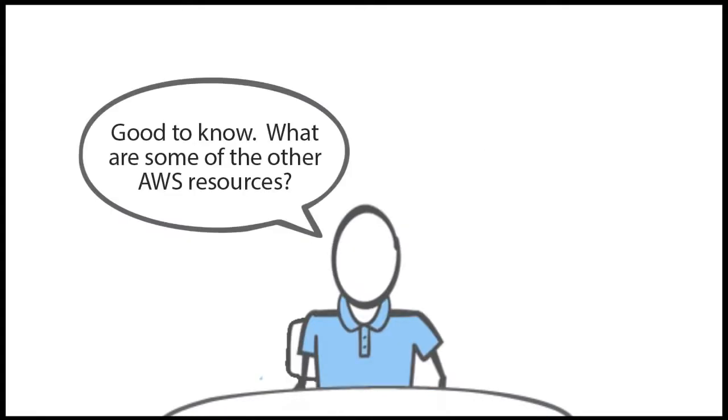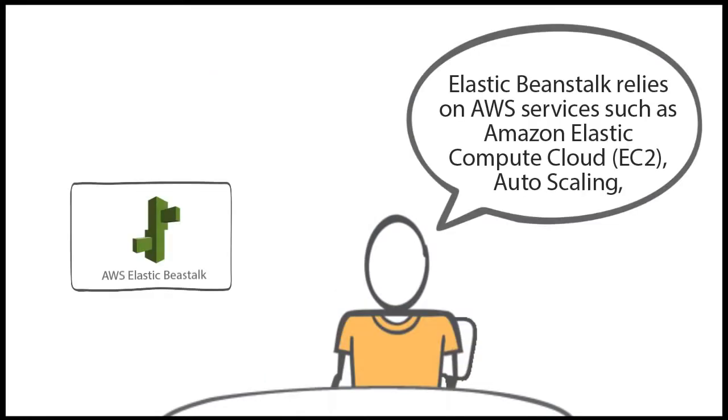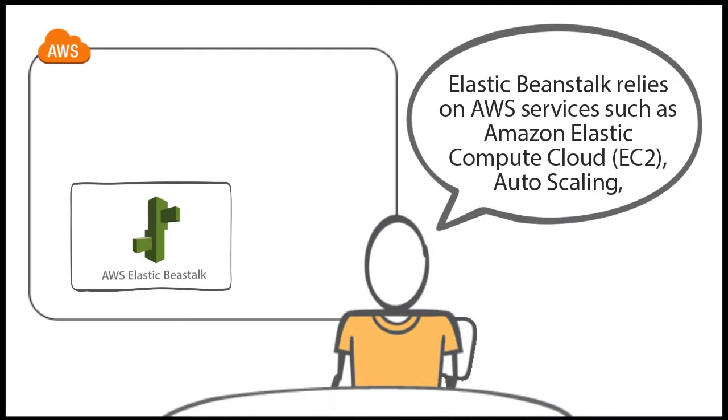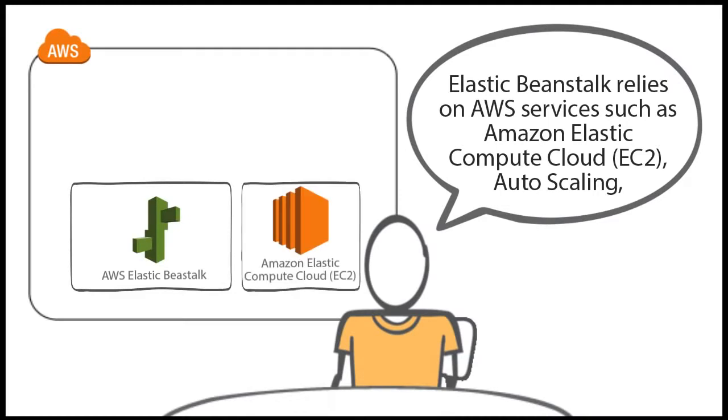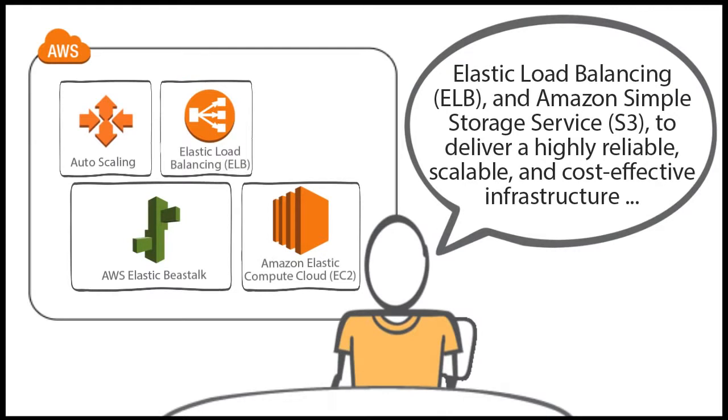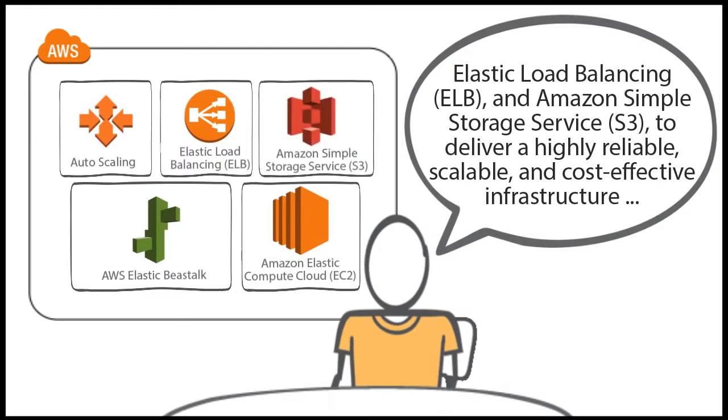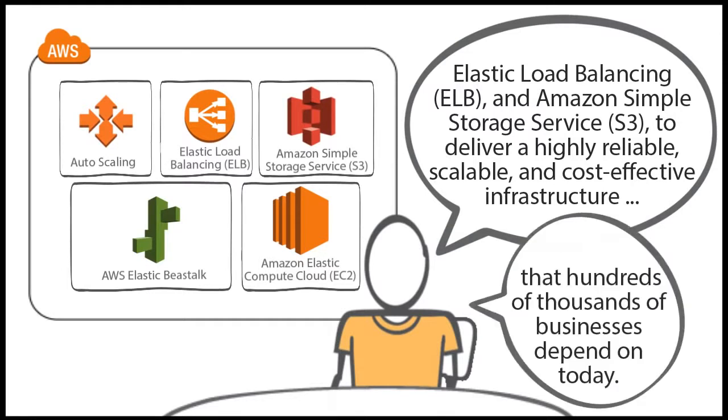Good to know. What are some of the other AWS resources? Elastic Beanstalk relies on AWS services such as Amazon Elastic Compute Cloud, auto-scaling, Elastic Load Balancing, and Amazon Simple Storage Service to deliver a highly reliable, scalable, and cost-effective infrastructure that hundreds of thousands of businesses depend on today.